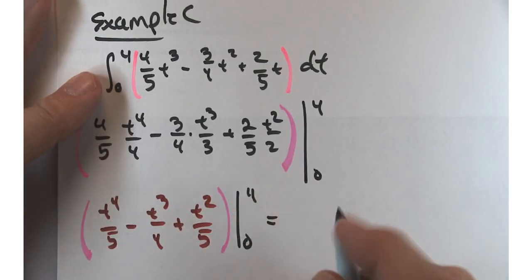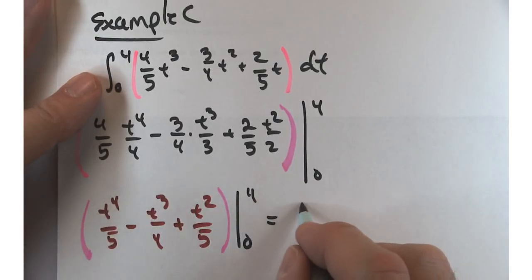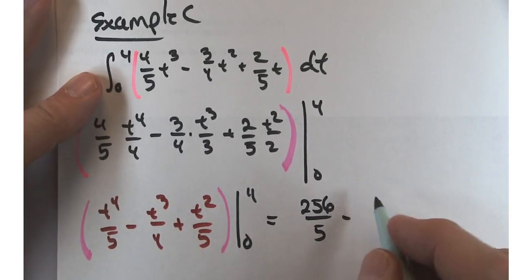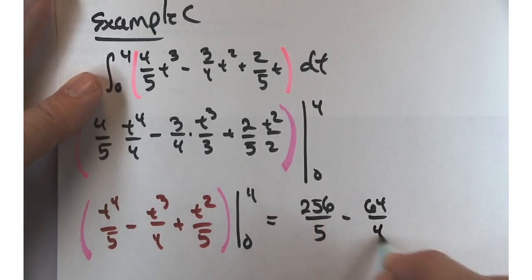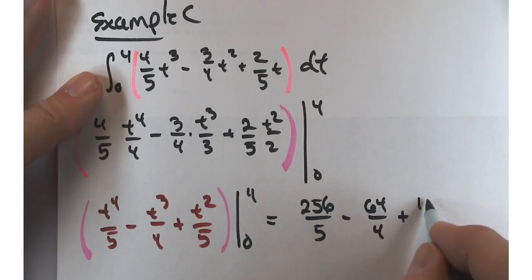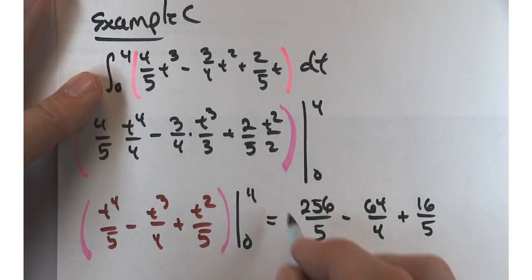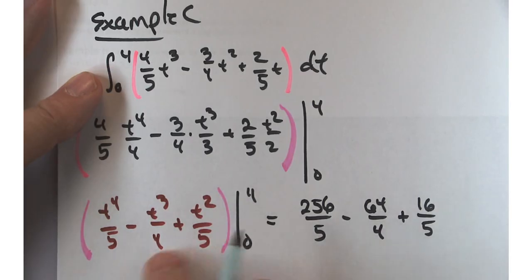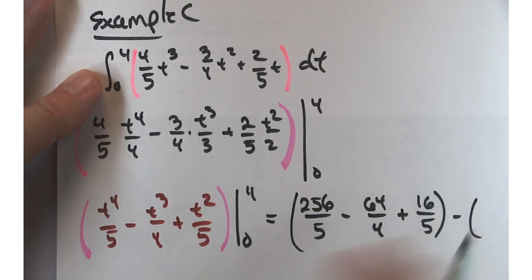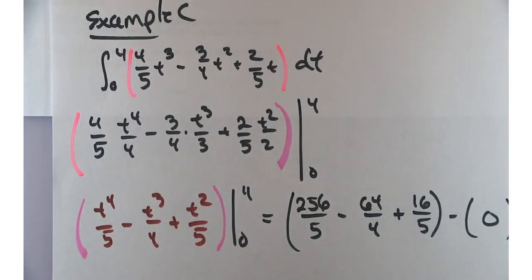So let's see, that's going to be 4 to the 4th is 256 over 5 minus 64 over 4, which does reduce to 16, and then plus 16 over 5. So that's evaluating it at x equals 4. What am I going to get when I evaluate it at 0? 0. Okay, so let's clean that up a little bit.